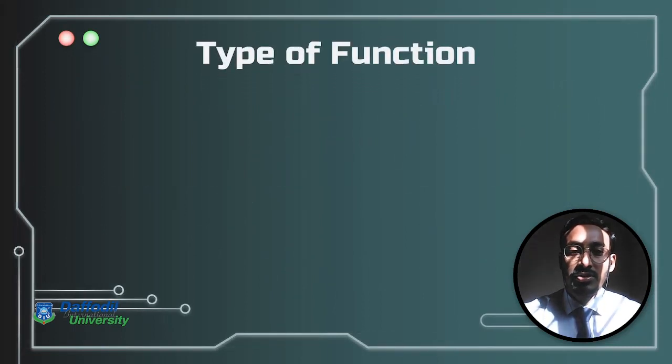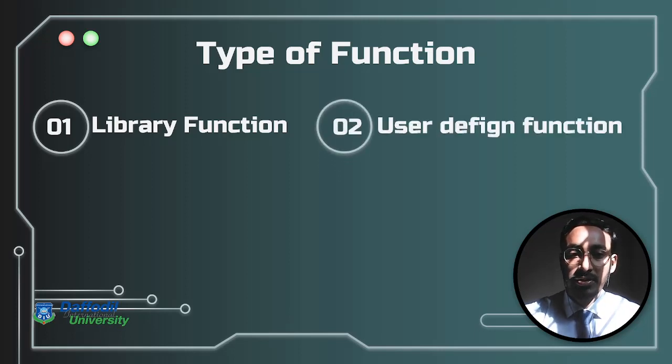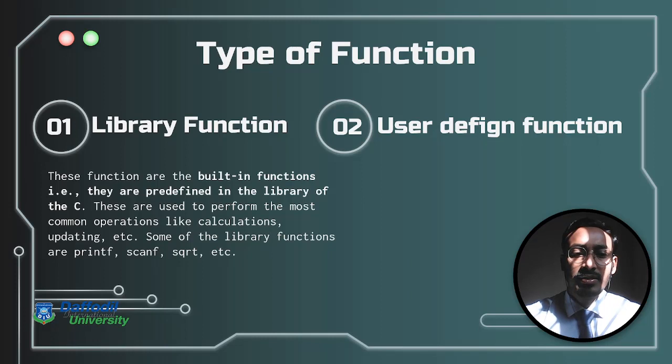Now I am going to describe the types of function. First of all, C programming has library function and then user-defined function. So what is library function? Basically, the library functions are the built-in functions.